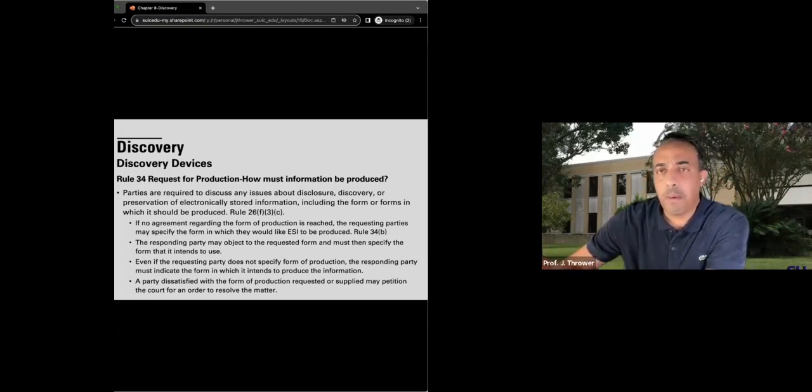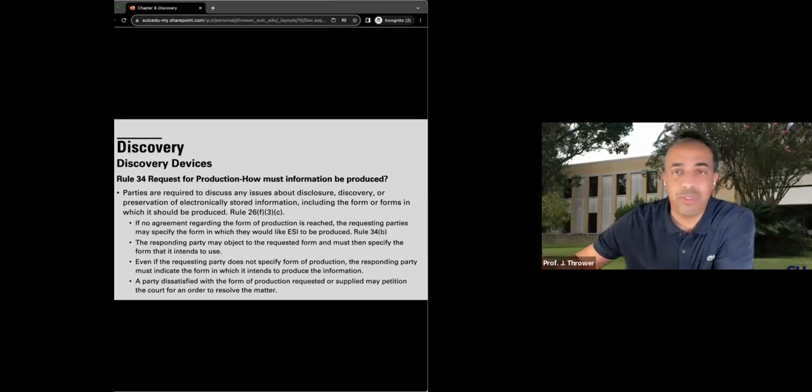This discussion is part of the 26(f) conference that I just mentioned. Parties are essentially required to get together and map out a game plan in terms of what format electronically stored information should be produced in, and any other information as it relates to disclosure of documents or other items that may be sought in discovery.